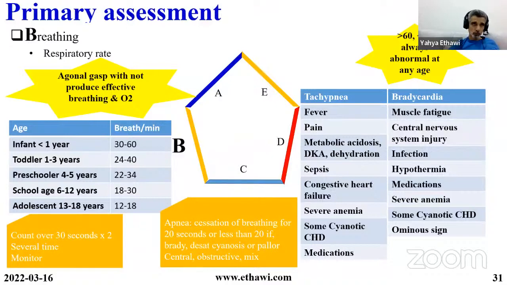So there is movement, but there is no actual gas going to the alveoli and exchanging with the blood. So there is no oxygen improvement. That is what's called an agonal gasp. Usually they are irregular and they are without effective ventilation and or oxygenation.